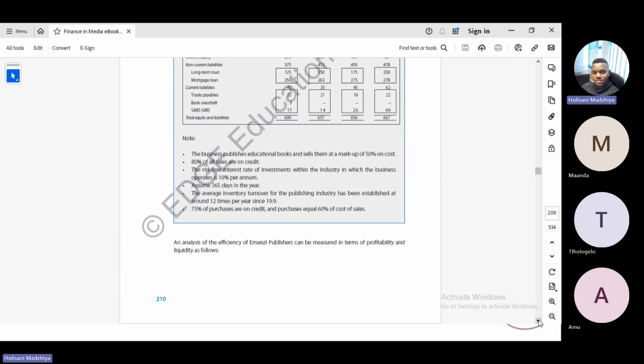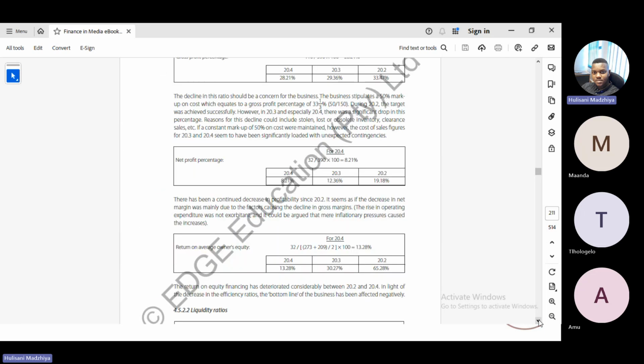So let's go take a look at the already calculated figures. Here we've got 60% for 2.2, for 2.3 we've got 30.27%, and for 2.4 we've got 13.28%. So the return on equity has decreased significantly, in a way that it's very bad.